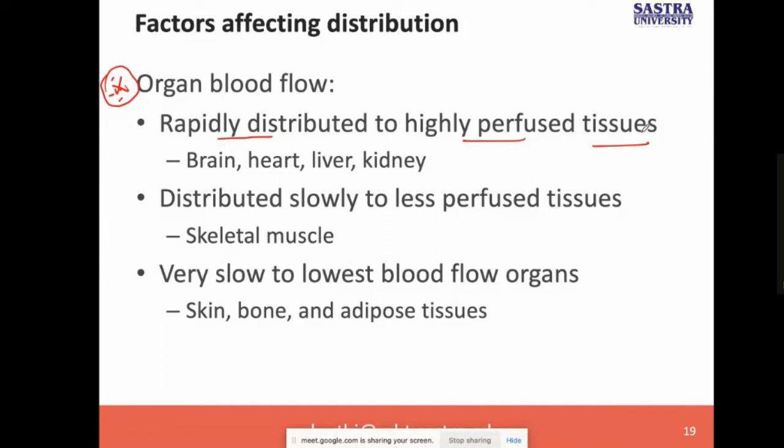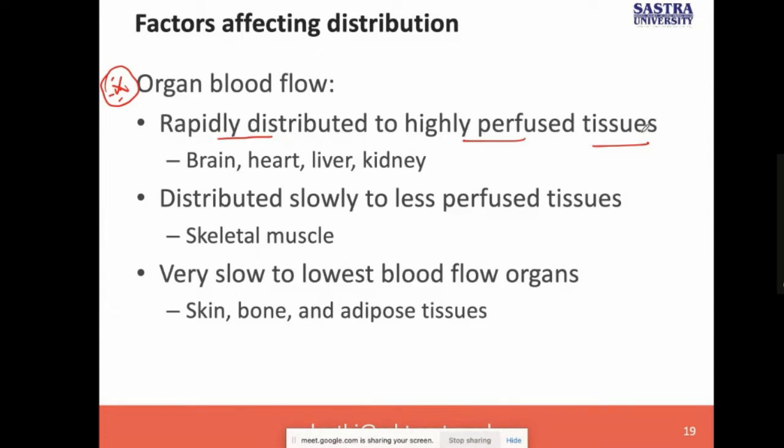So can you now tell why the rate of flow of blood to some organs is very large, very fast, very rapid? Why is it rapid for brain, heart, liver, kidney?